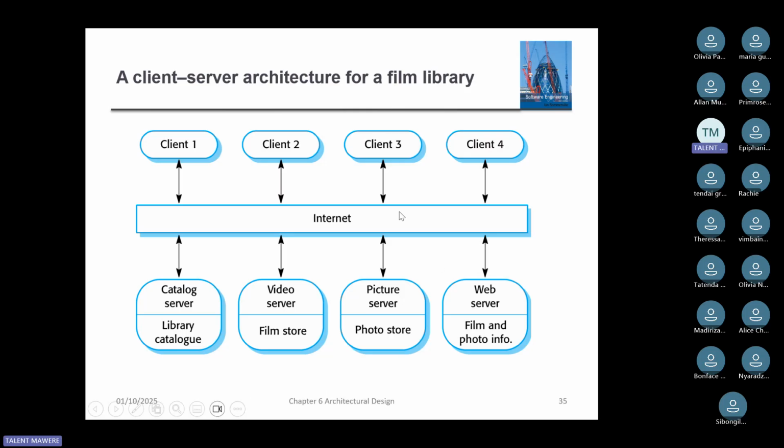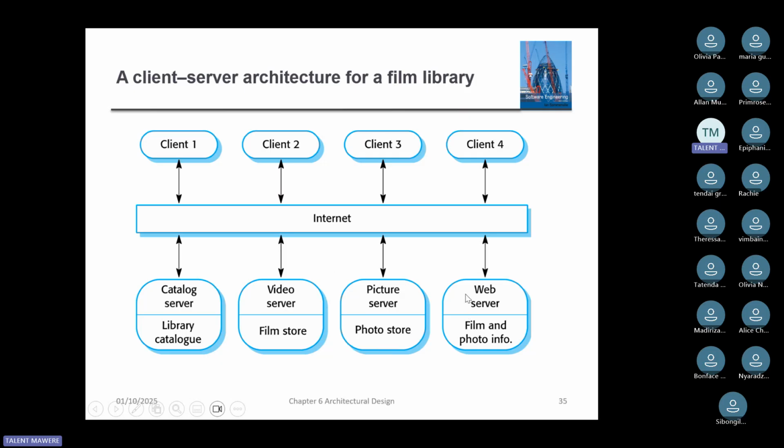So we have a client-server architecture for a film library. Think of maybe services offered by Netflix or some other video rental organization. Clients want to access videos or movies.